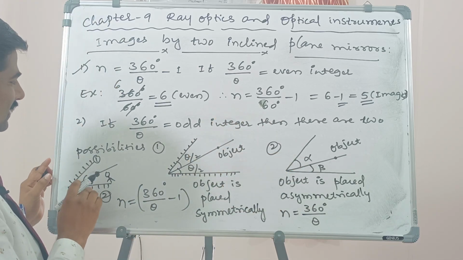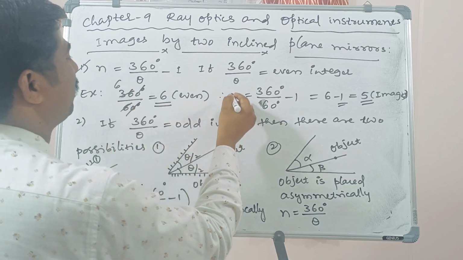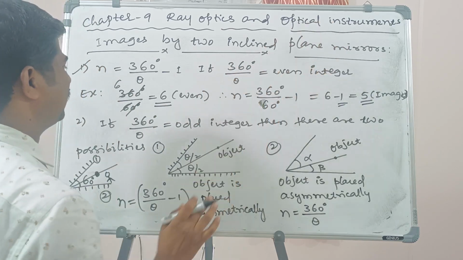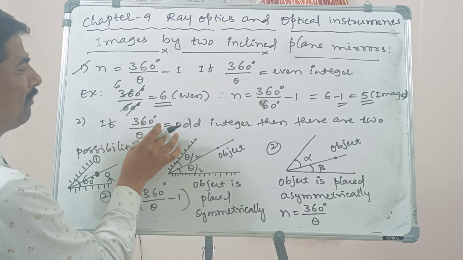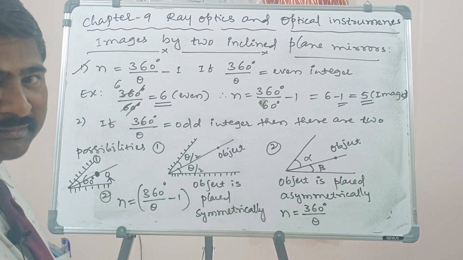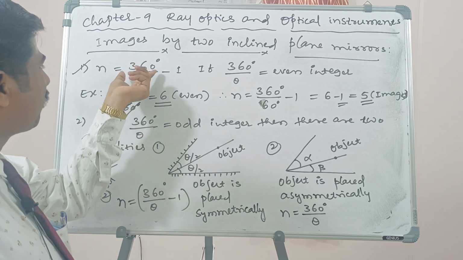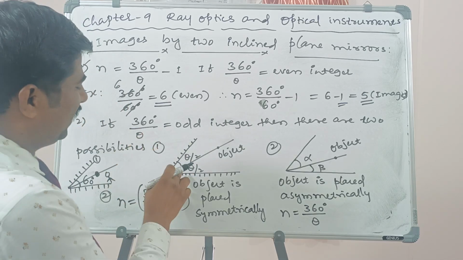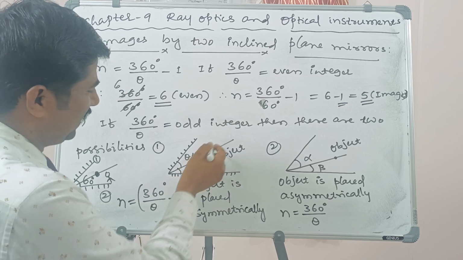If your answer, that means 360 degrees divided by theta, is not an even integer but an odd integer, then what will happen? There are two possibilities. In that case, we use the formula in two cases. The first case is when the object is exactly symmetrical.